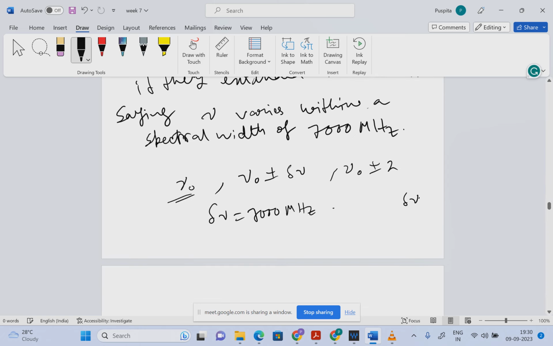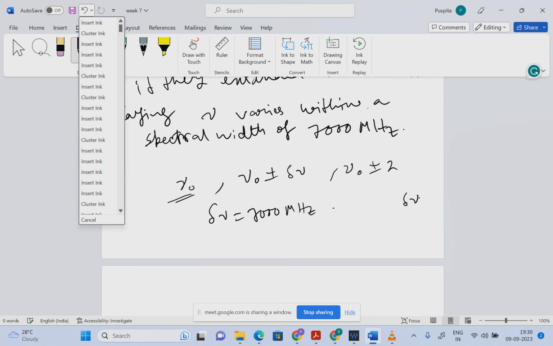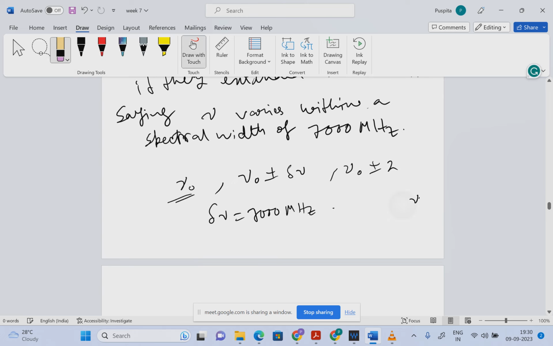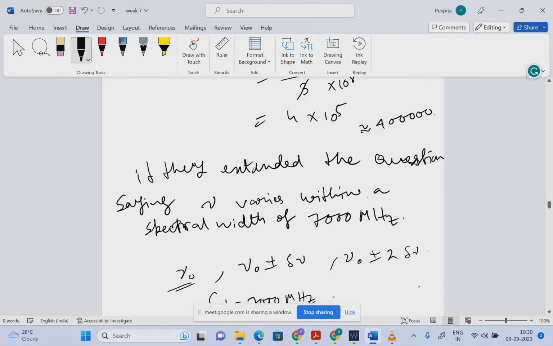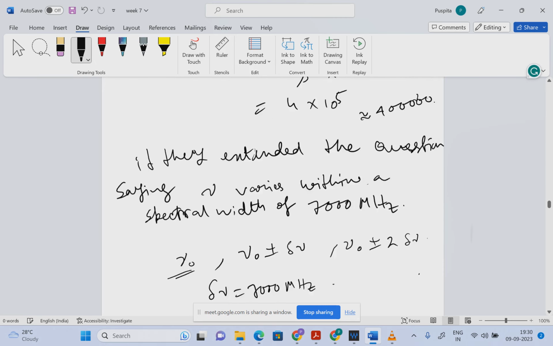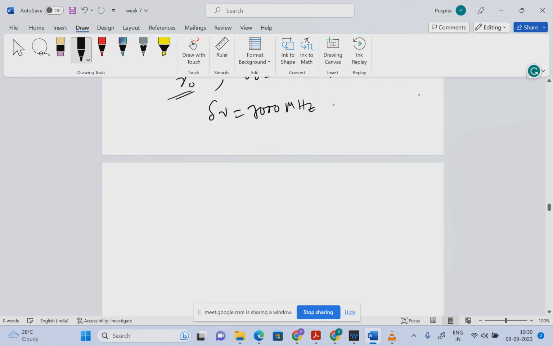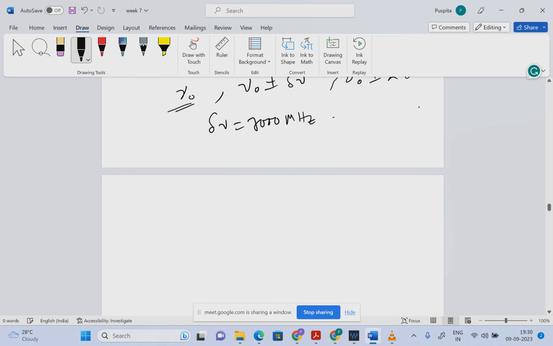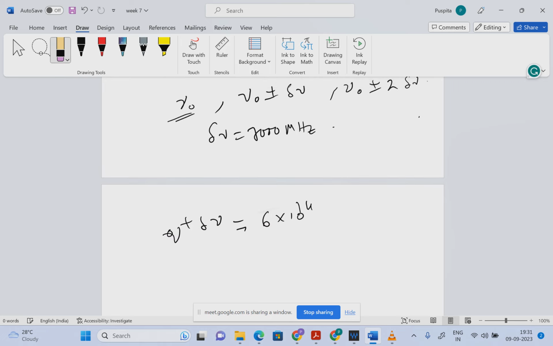So if you add 7,000 to 6 into 10 to the power 14, try to calculate.